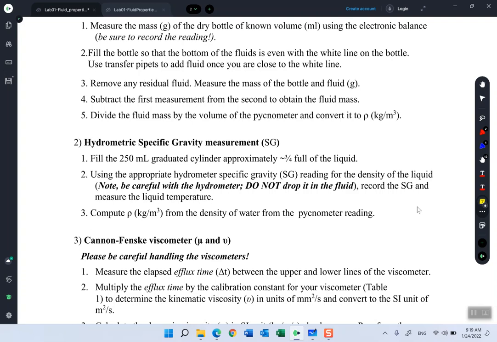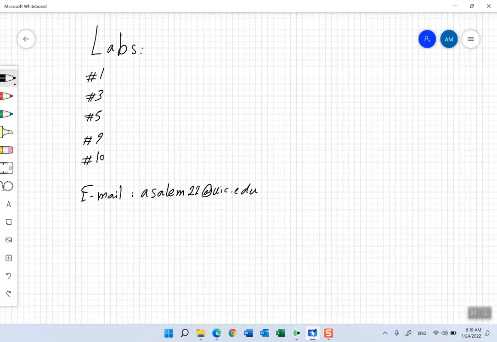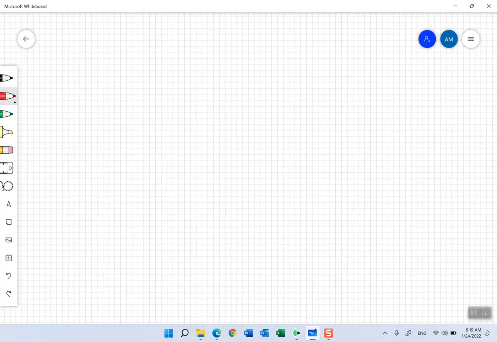Once you know the position, you can take the measurement, and once you take the measurement, you can easily calculate the density of the fluid. Why? Because basically, the specific gravity of a certain fluid equals the density of this fluid divided by the density of water at 4 degrees. So what does that mean?